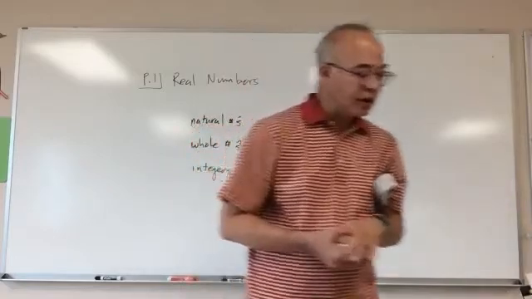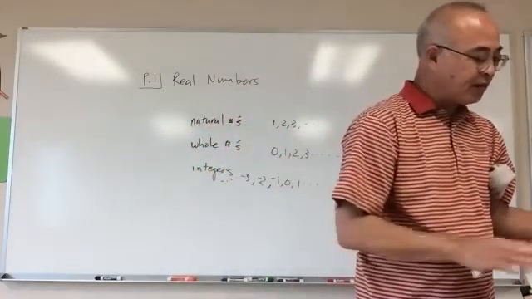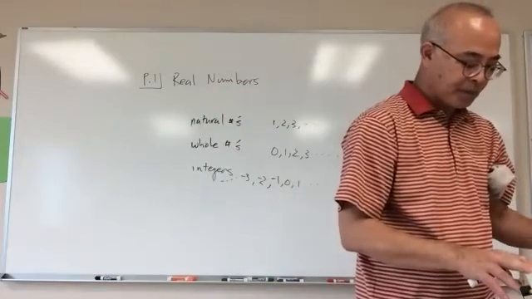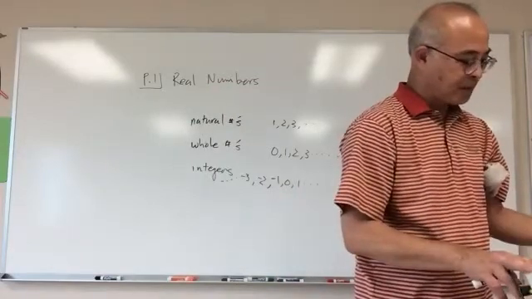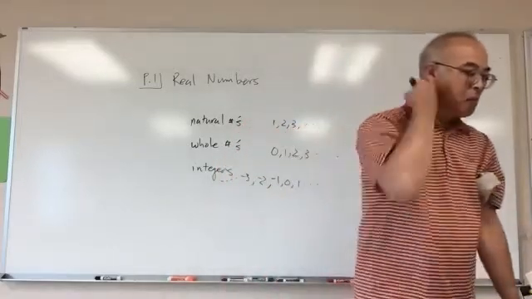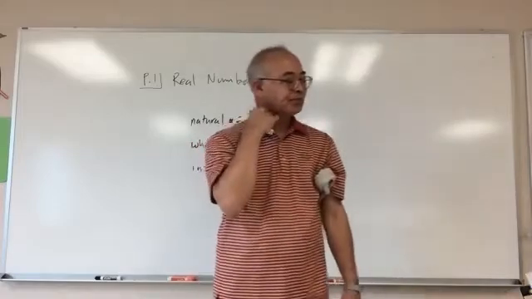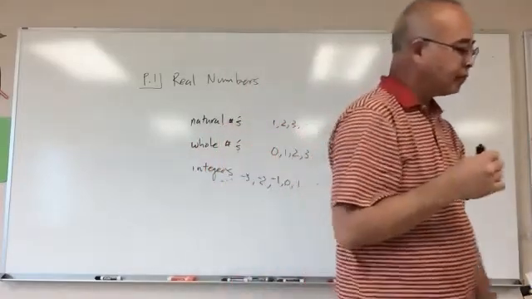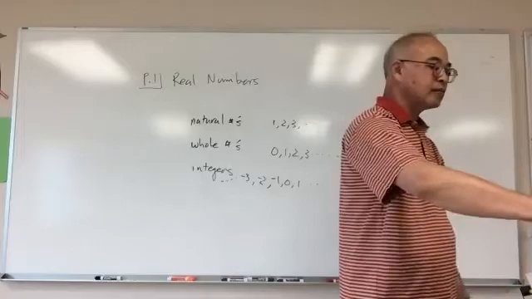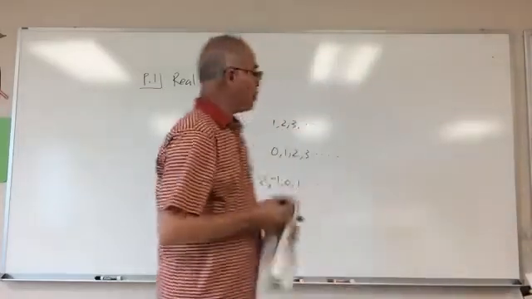Go ahead and look at that quickly. See if there's anything I need to go over. Any questions there? Let me know. If not, go ahead and flip the page. Go to page 4.